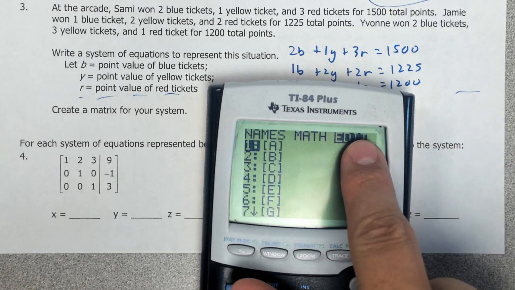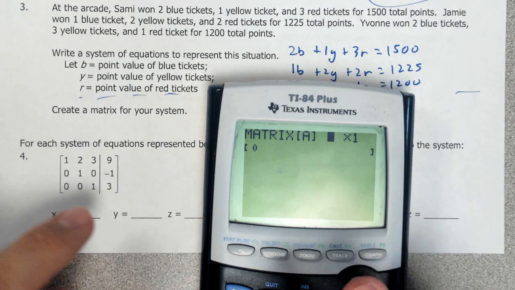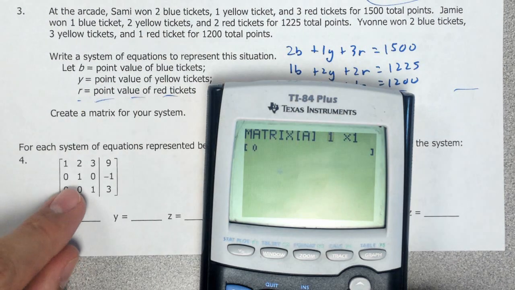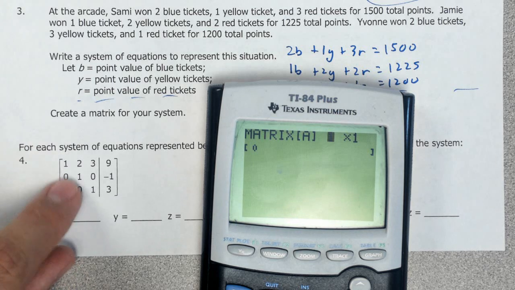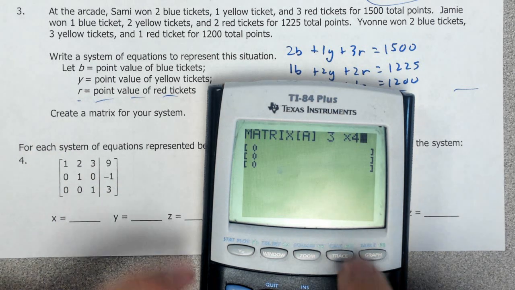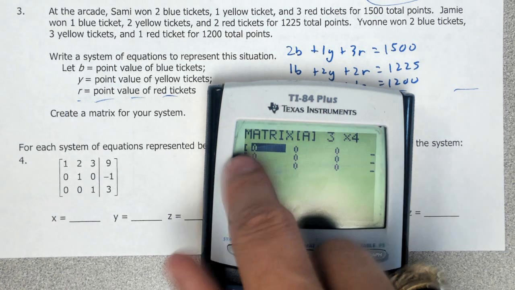The first time we go all the way to edit, and we're going to plug into A. I highly suggest always using A. If you want to keep and remember which one A, B, and C are, it's fine. It's just a name. This is 3 by 4, so 3 high by 4 across. You can see the 3 rows.